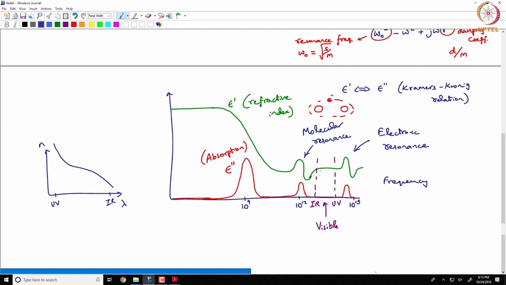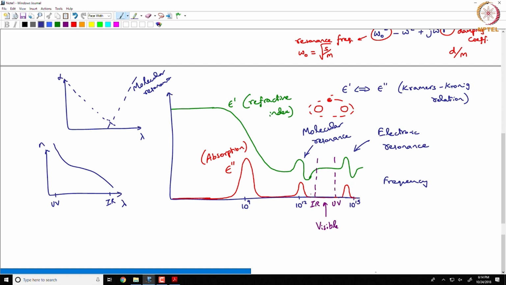And remember when we were talking about loss in an optical fiber as a function of wavelength, we said it's Rayleigh scattering over here at shorter wavelengths, and at longer wavelengths it's molecular resonance. Remember that when we were talking about attenuation in optical fiber.